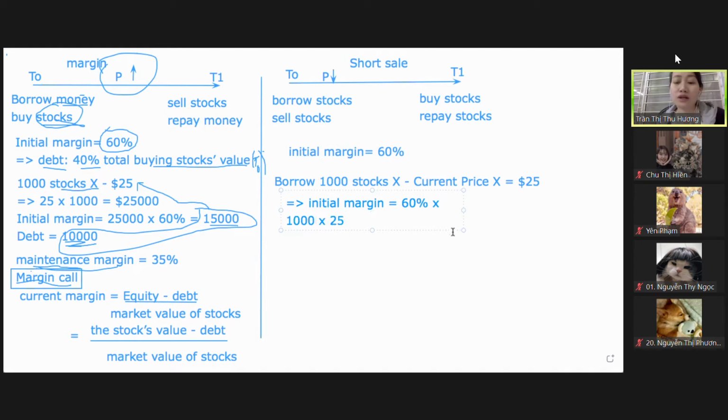How much is it? It is $15,000, right? It's your money, and you have to put it in your account. So it is the initial margin. And in this case, your debt will be 1,000 stock.